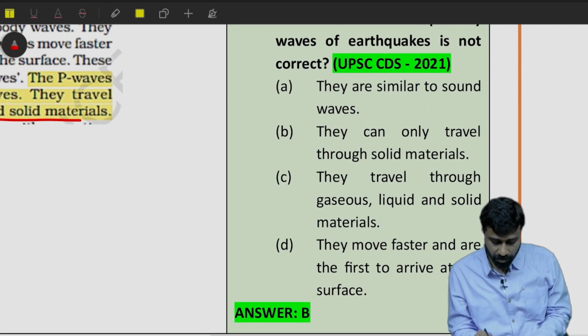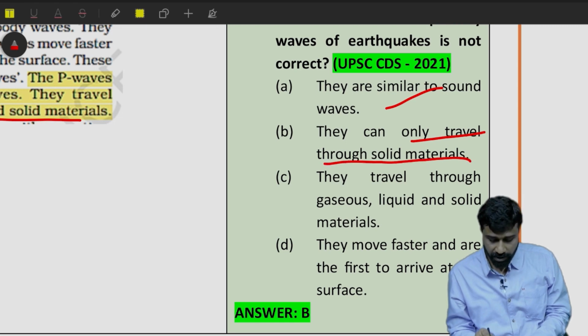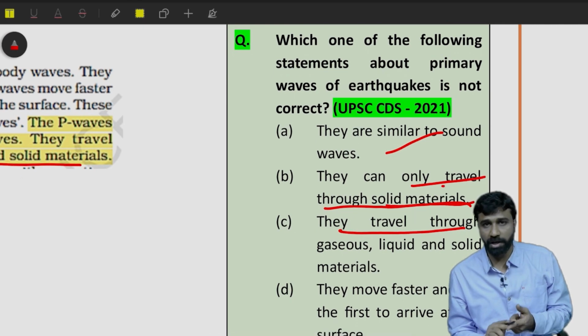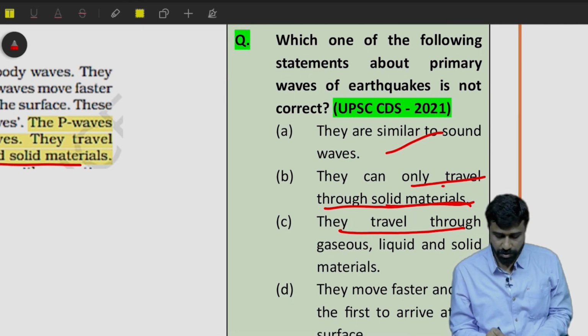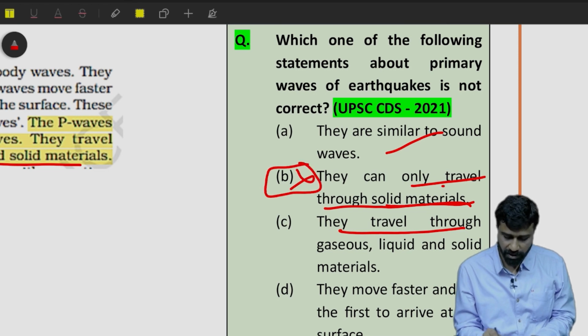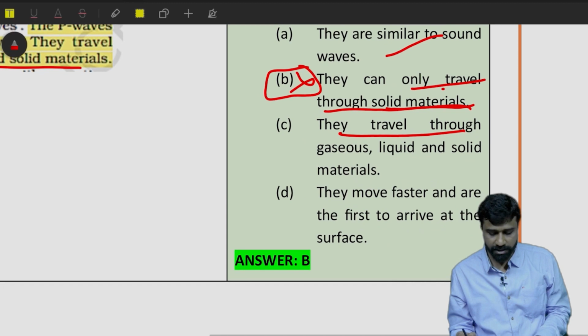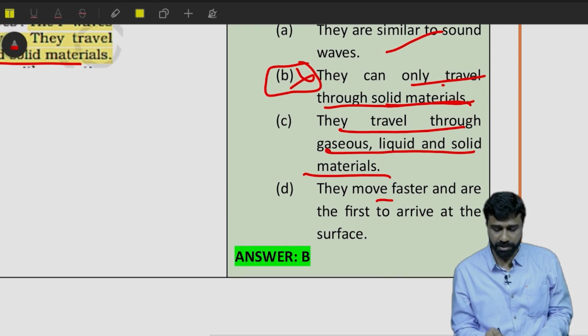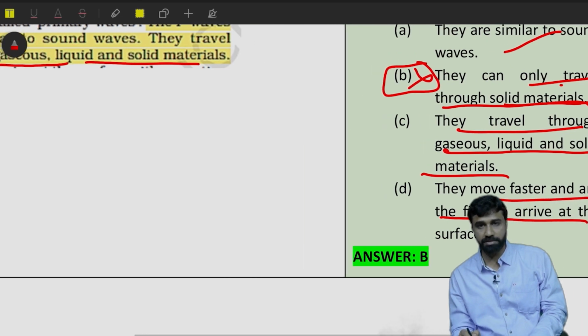They are similar to sound waves, that is true. They can only travel through solid material, that is wrong. They can travel through solid, liquid and gaseous material. So the second statement is wrong here. Wrong means you have to choose the one that is incorrect, so the other three statements are correct. They move faster and are first to arrive at the surface, that is also fine.